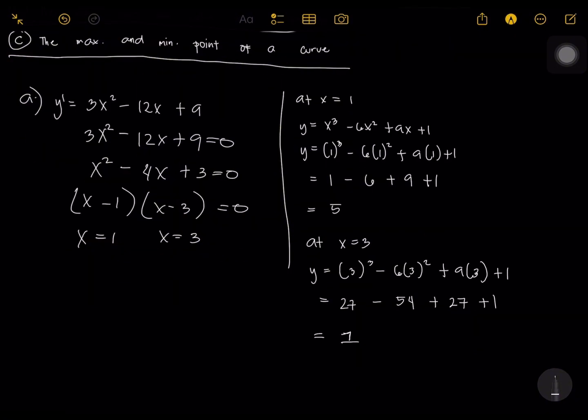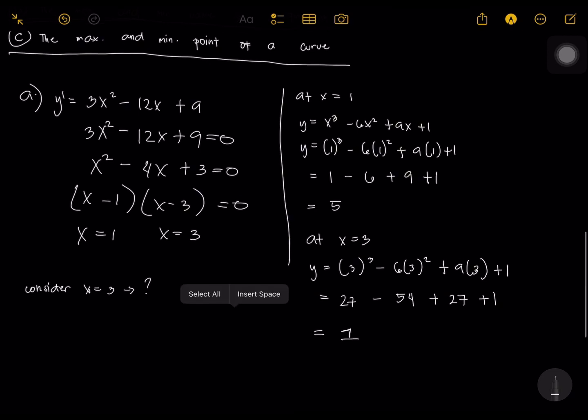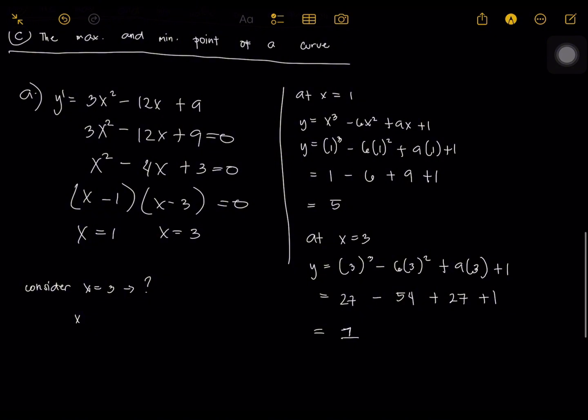We'll consider here x equals 3, so x greater than 3. The derivative of y is 3x squared minus 12x plus 9. To substitute, since x is greater than 3, we're going to use 4.